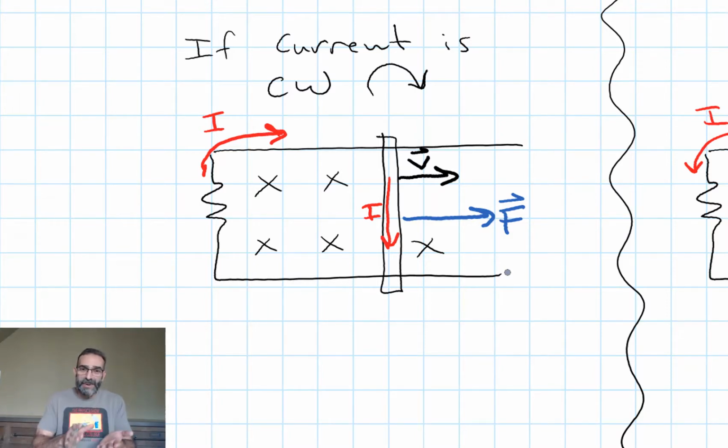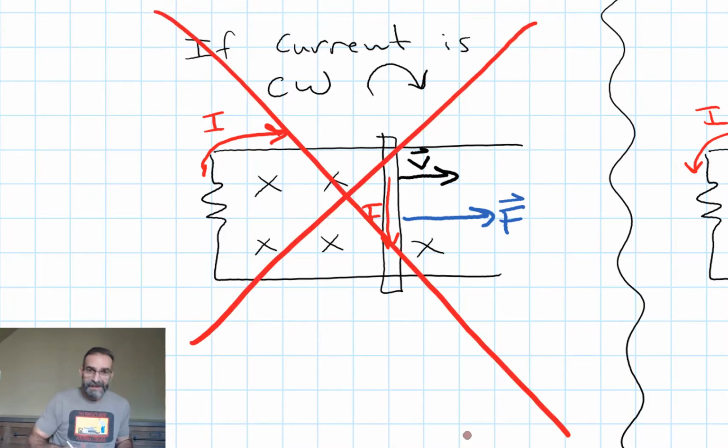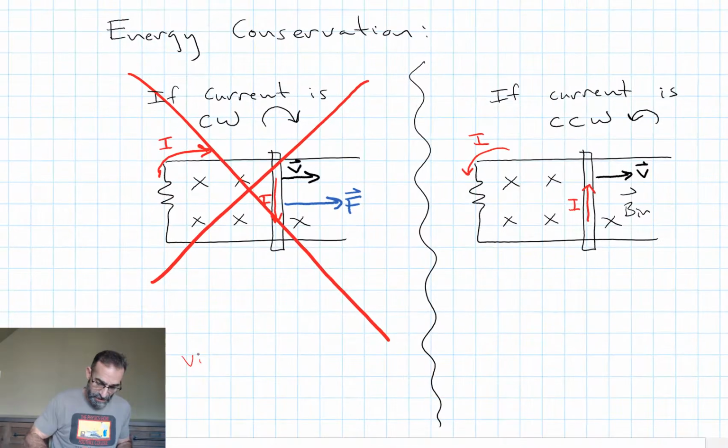All we do is give it a little push, and then it takes over from there and just gives us energy. As long as there's still rails to ride on, it gives us free energy. Well, we know that can't happen, right? We know we're not going to get free energy. If we want to get energy out, we've got to put energy in. We know that's a law of physics, right? Conservation of energy. So this would violate our law of conservation of energy.